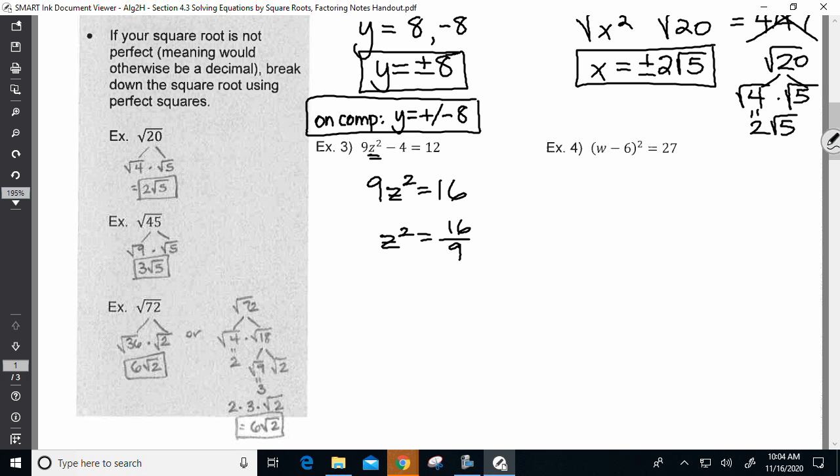So now z squared is by itself, so we can take the square root. So z is equal to plus or minus the square root of a fraction. If you have the square root of a fraction, you can break it apart.